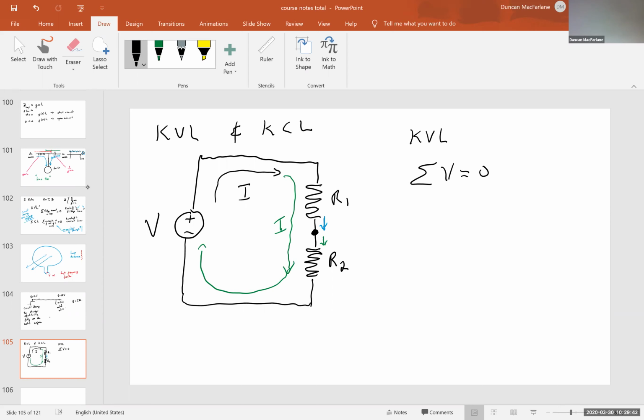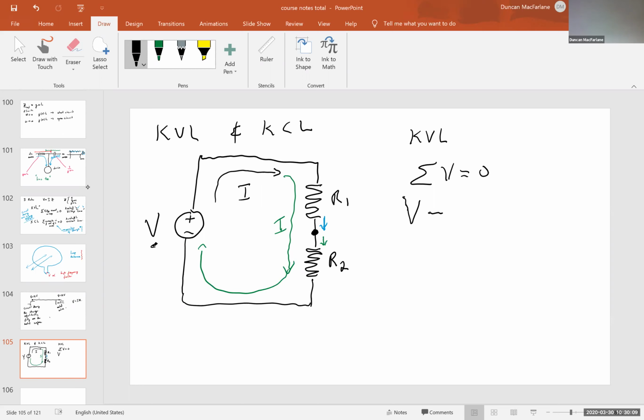I don't know how fast to go through this material, so I'm going to be looking at comments and hands that might be raised on the Zoom feedback that I have. But there are three voltages to worry about. I have the voltage of the battery. That's this guy here.